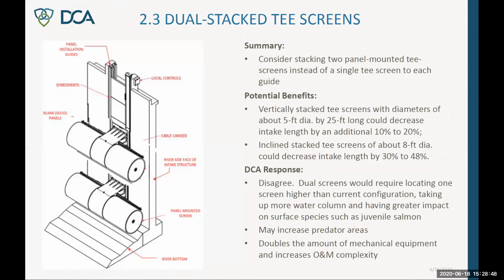Unfortunately, we had to disagree with this particular response, and it's both an engineering sort of O&M perspective and a biological perspective, in that when you start stacking the screens, they start to take up almost all of the entire available water column, thereby fish trying to pass the structure really have a lot less opportunity to go over or under them. They're around them and between them, and there's a lot more places for predators to hide and the whole thing.